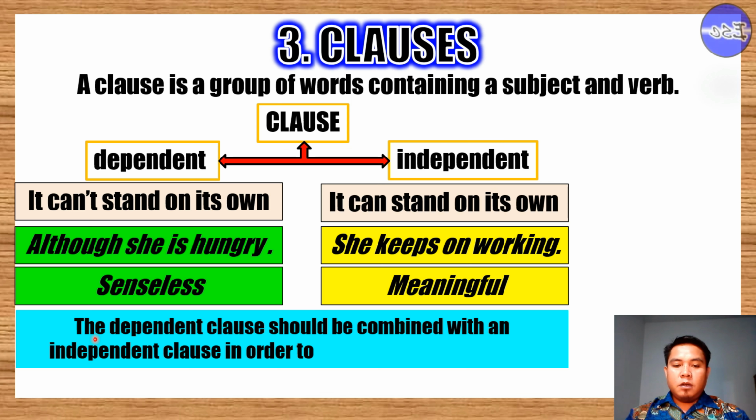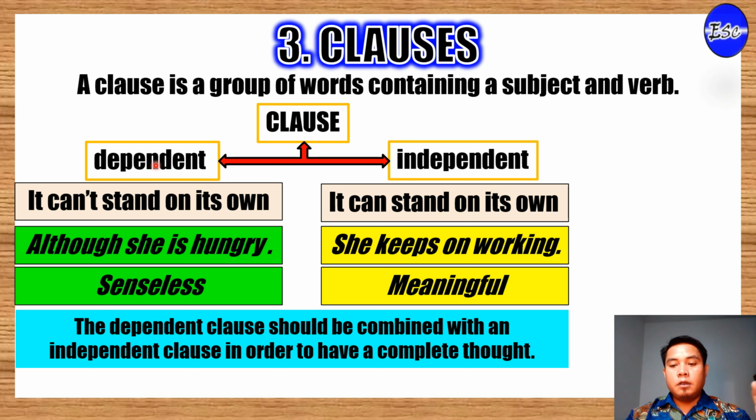So, a dependent clause should be combined with an independent clause in order to have a complete thought. In order to have meaning, it should be attached or combined with an independent clause.